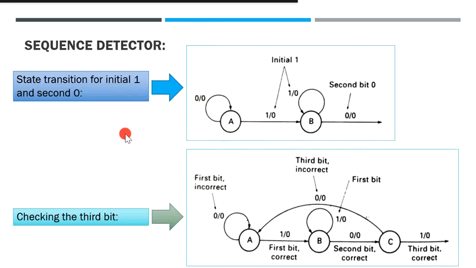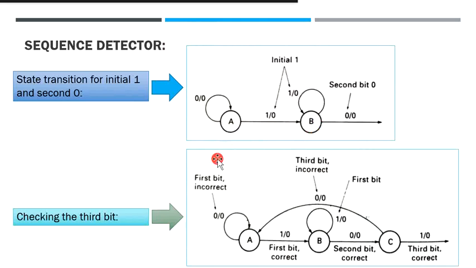We have finished this much of our transition, A to B, A to A. When we move to the second bit, we need to check if the second bit is logic 0. If it is detected, the machine will go to state C, else it will remain in the same state.